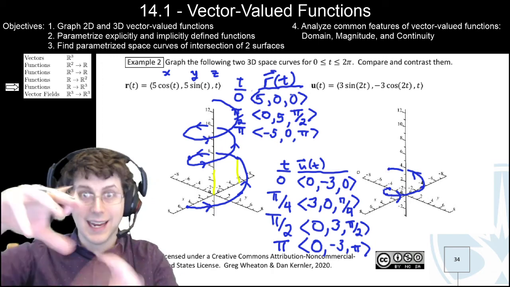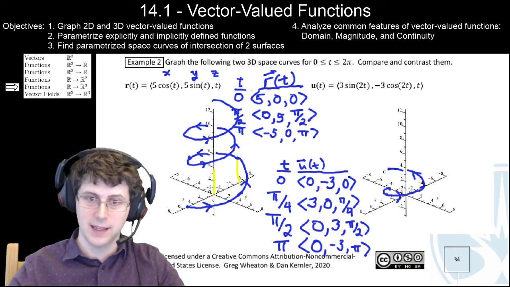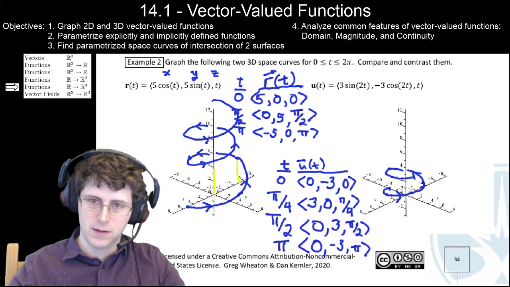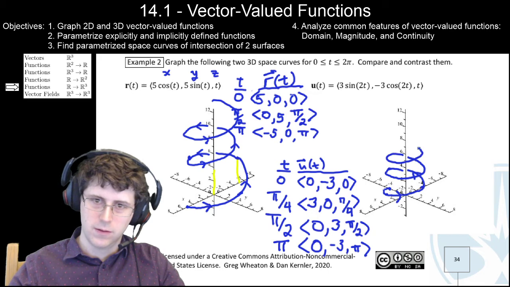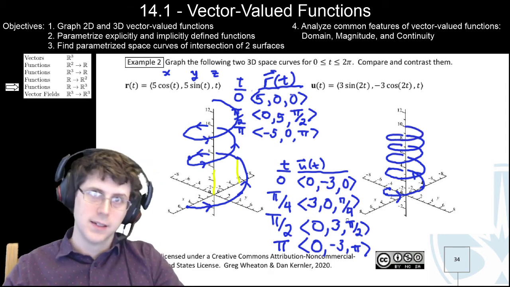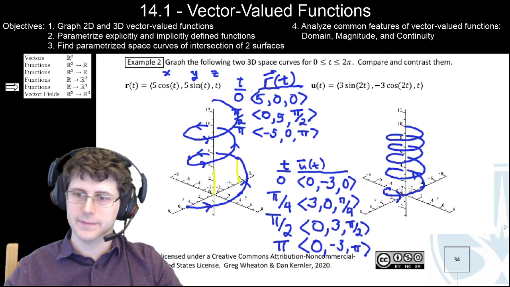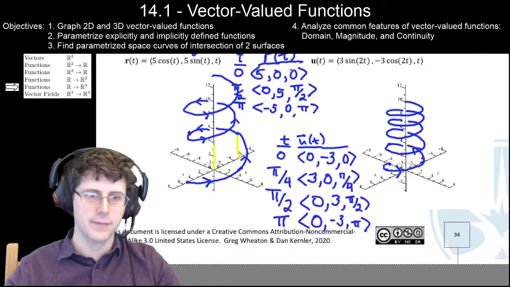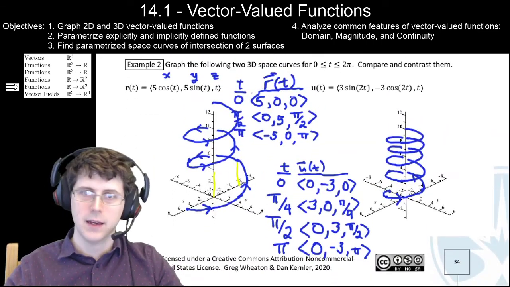So this will be a tighter spiral if we draw the whole thing. Basically, we get more loops per unit height. So that's the second example.